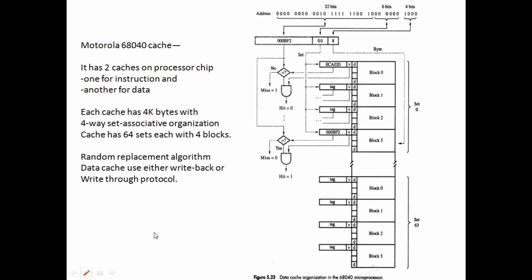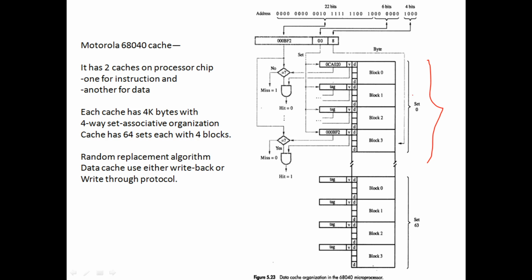Let me explain that. 4-way means each set has 4 blocks. So if we divide the 4 kilobytes into blocks of 4, we will get 64 sets, each having 4 blocks, with each block having 16 bytes.